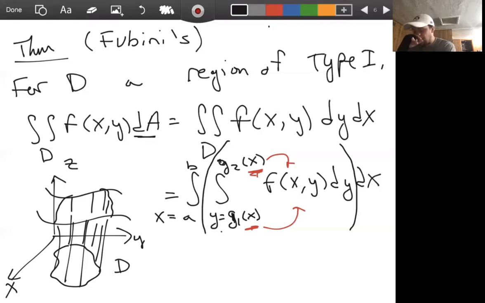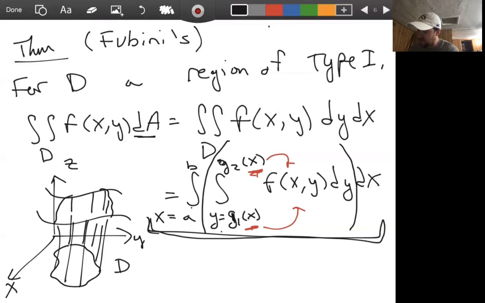The stronger version of Fubini's theorem says for a region of type 1, you need to set up the integral this way, where you start with dy first because your y bounds depend on x, and you can't integrate with respect to x while your y bounds still depend on x.